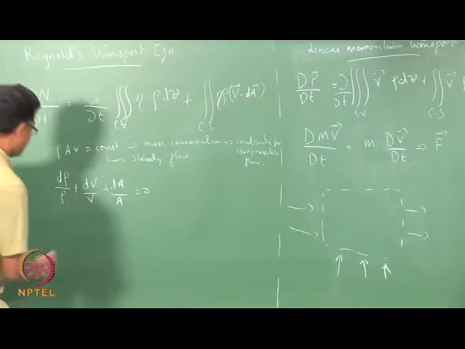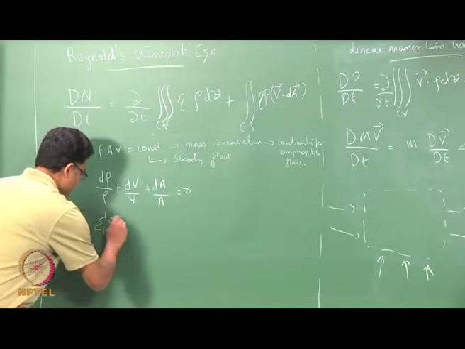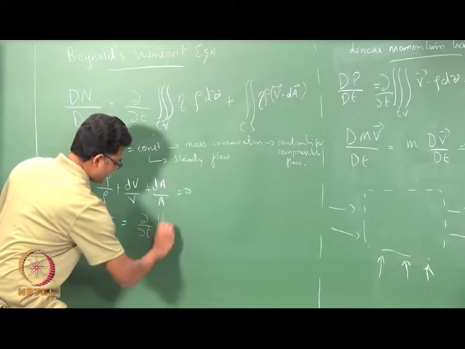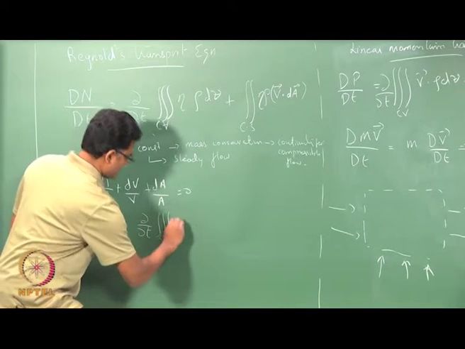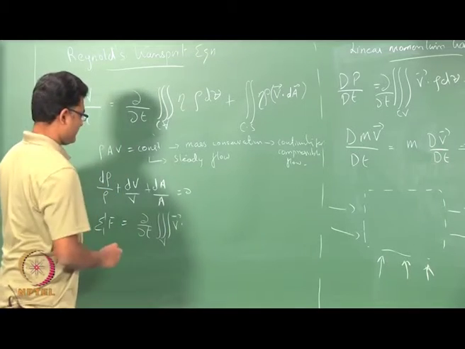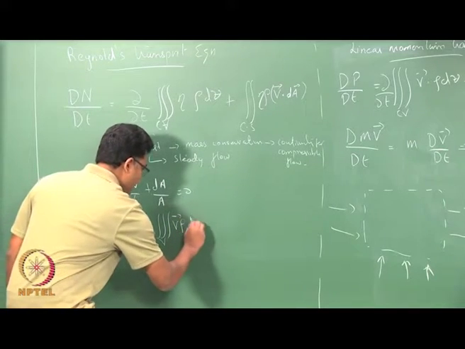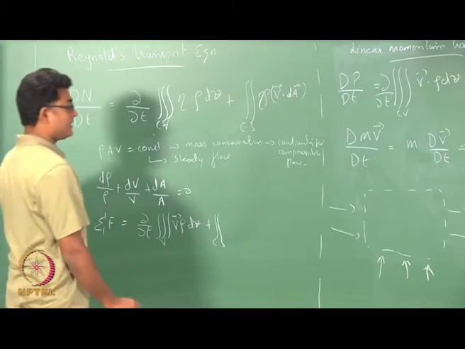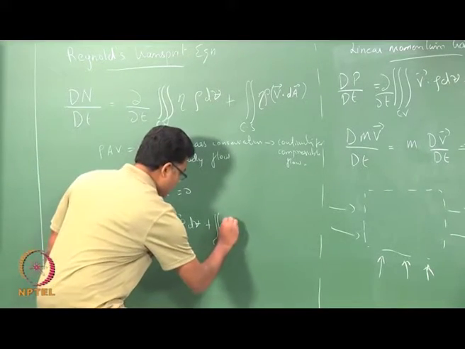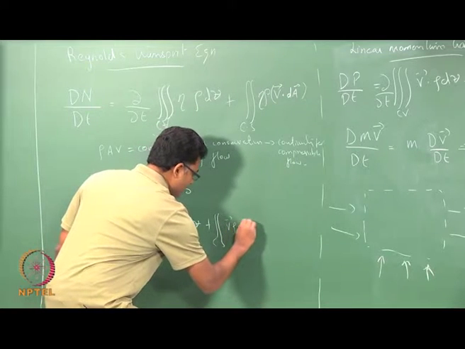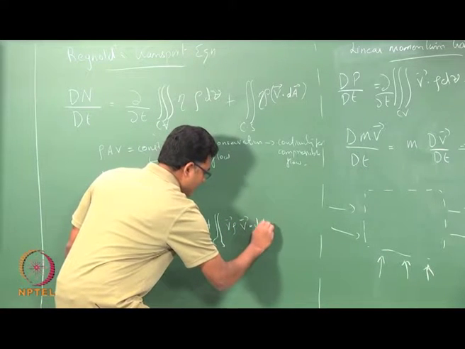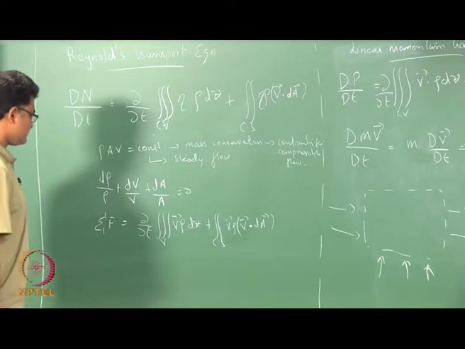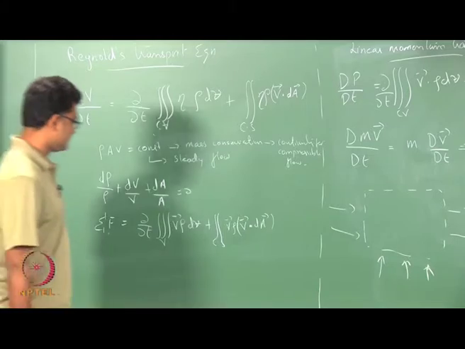So, we will write that equation here, sigma F is the unsteady term, the derivative of the integral of V rho vector, plus surface integral V vector dot rho V dot dA. Okay.